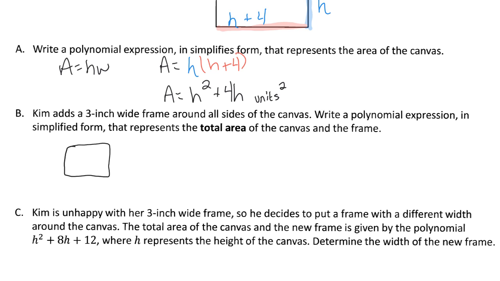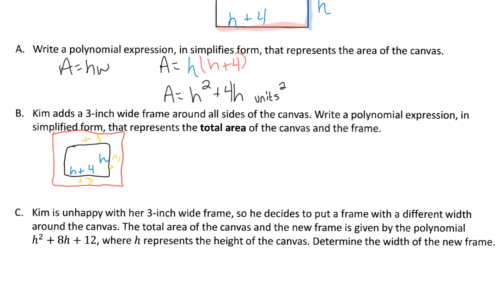Now we're adding 3 inches to that on all sides, and that's going to be our frame. Remember, our original width was h plus 4, and our original height was h. But keep in mind, we're adding 3 on all sides of this.